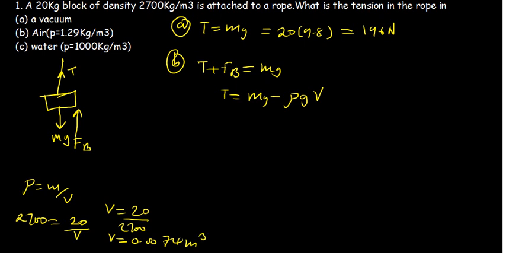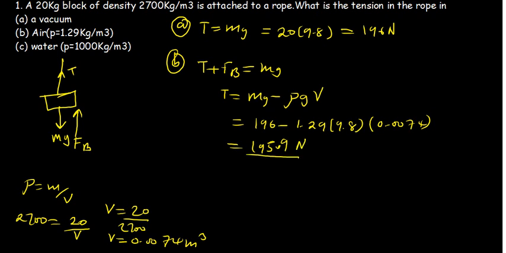So this will be mg, that gave us 196, minus the density of the fluid in which we've immersed, 1.29, multiplied by g, which is 9.8, multiplied by the volume, 0.0074. So this will give us 195.9 newtons. So it is more or less the same, just like the one on top.